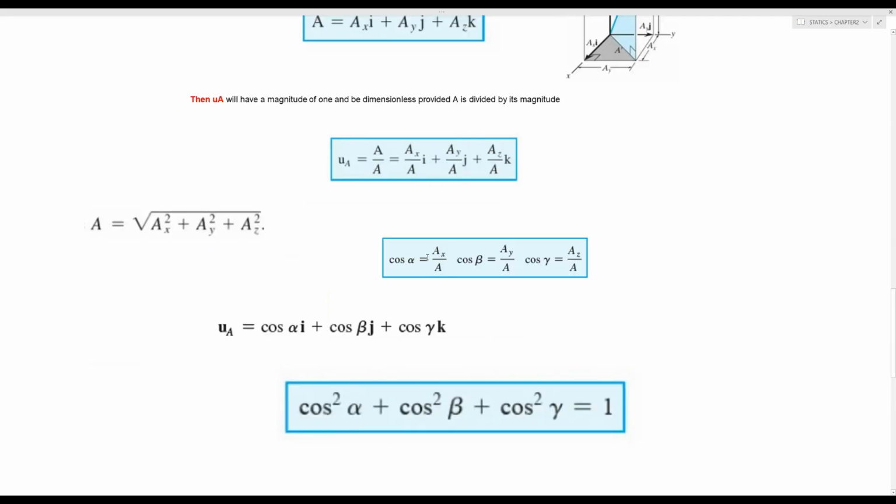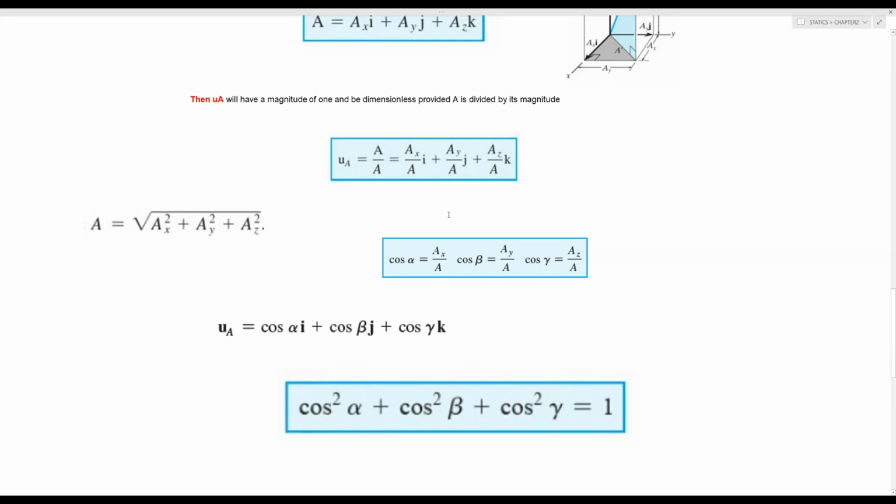Comparing the unit vector formula with the direction angle formulas, we realize that Ax over A is cos alpha, Ay over A is cos beta, and Az over A is cos gamma.